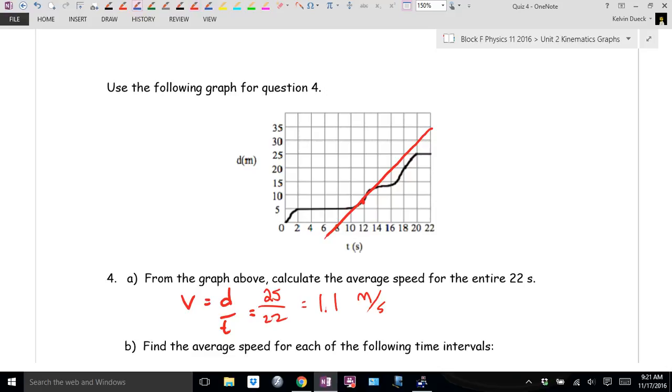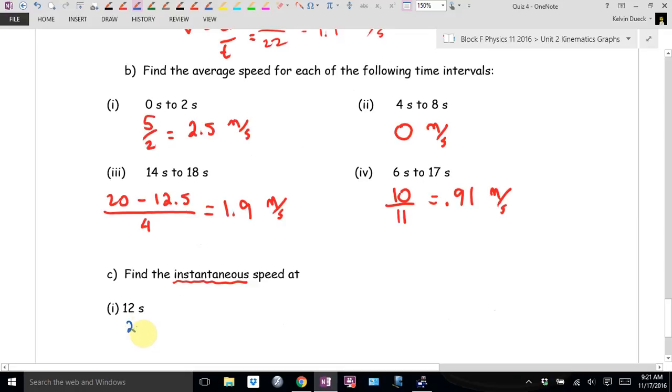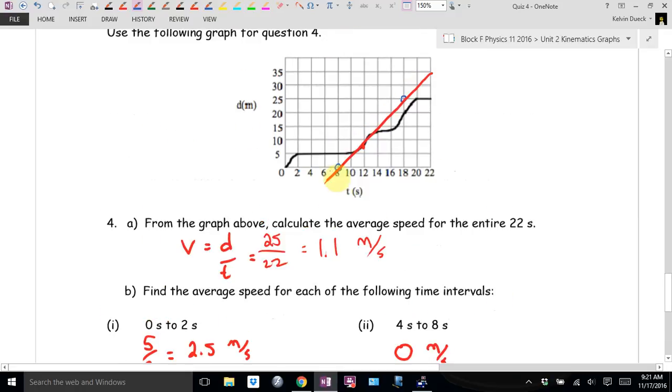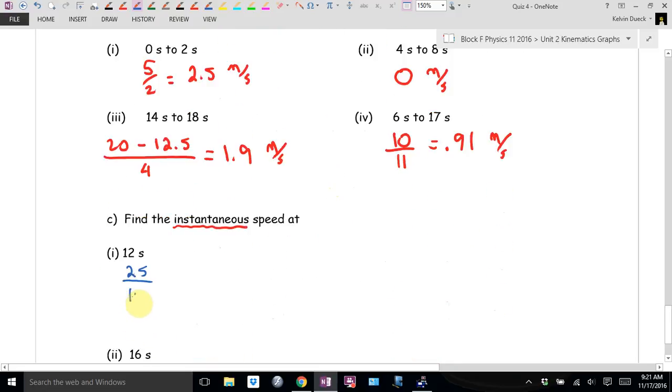Well, I think I'm going to try maybe using that point and that point, maybe. So I'm getting a rise over run of around 25 is the rise from 0 to 25, and the run is from 8 to 18. I'm getting around 10. I'm getting around, is it around 2.5-ish, 2.3? In fact, I'd probably take anything between about 2.1 and 2.9.